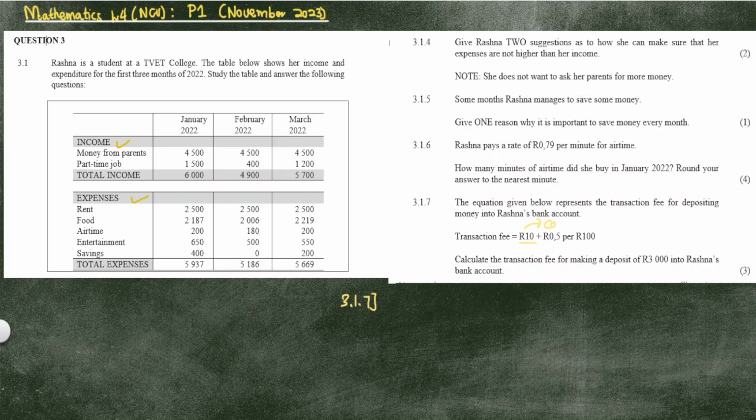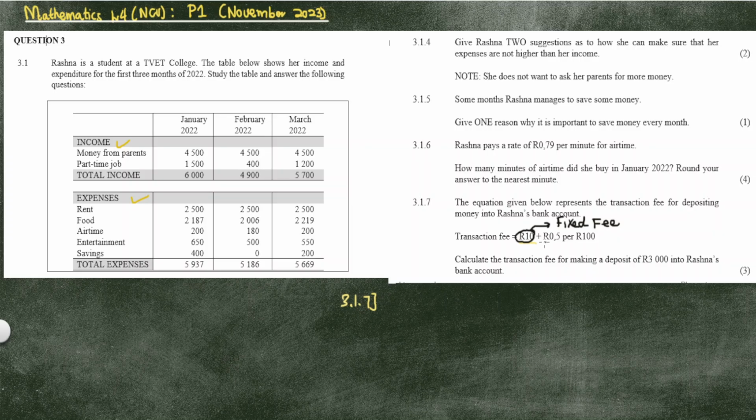Or let me use a more explanatory word. So this is a fixed fee. Whether you keep 100 rand or 200 rand, 500 rand or 700 rand, this 10 rand is a fixed fee. You always pay it.